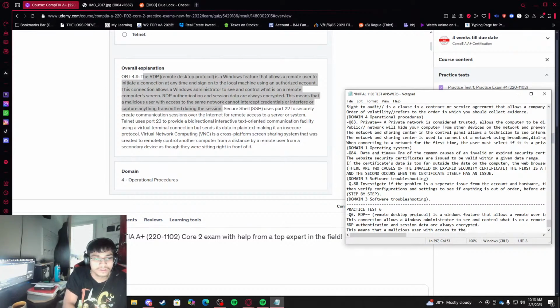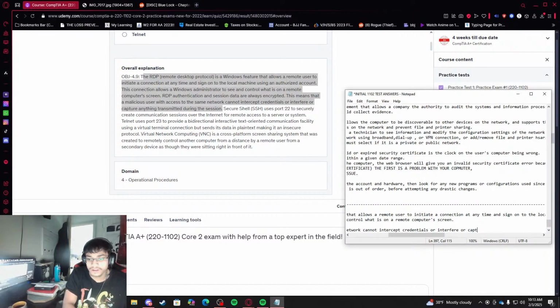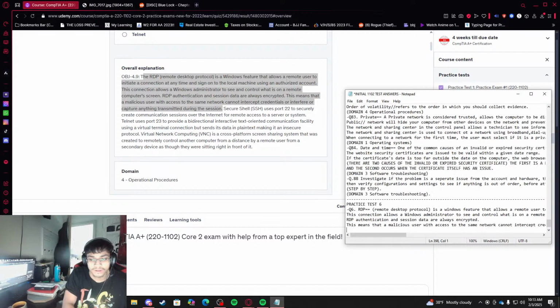Access to the same network cannot intercept credentials or interfere or capture anything transmitted during this session. Okay.